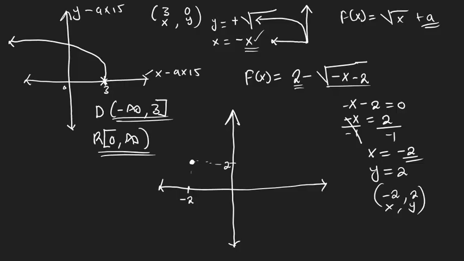Now, how do we know how the graph is going to come out? The radical is negative because of this, so y, representing the radical, is negative, and then x is representing this guy, which is also negative. So in the y-axis, we shall be moving on the negative side, so it will be moving downward, and in the x-axis it will be moving in the negative x direction, so it will be moving like that.